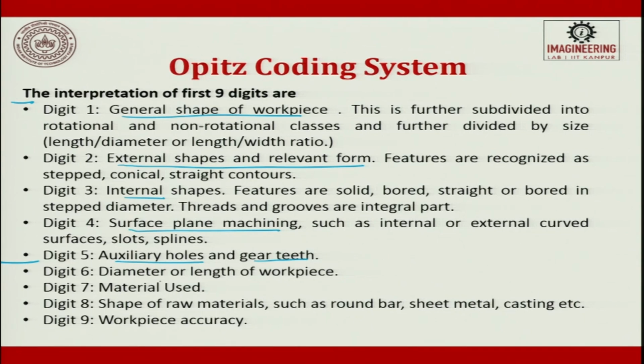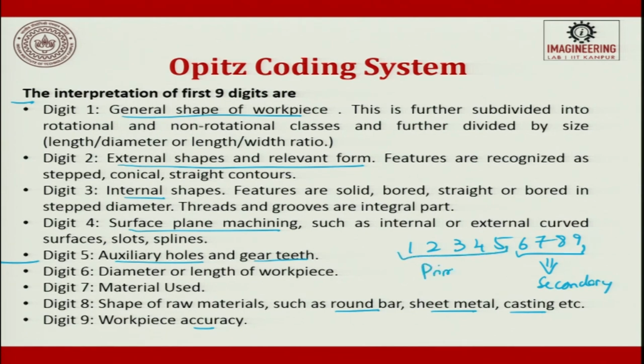Then for the last digits we have diameter, material used, shape of the raw material such as round, sheet, casting, and then workpiece accuracy, all put together. So, you will have a 9-digit number wherein these are secondary and these are primary code.